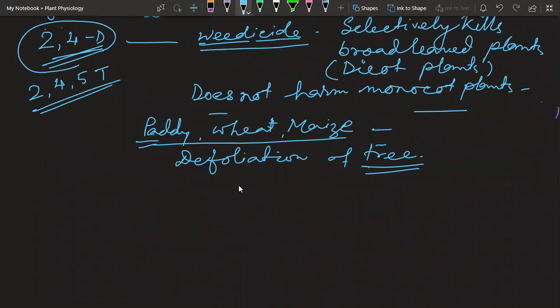We have to know a little more about this hormone, auxin.